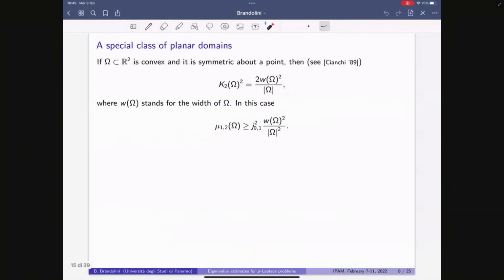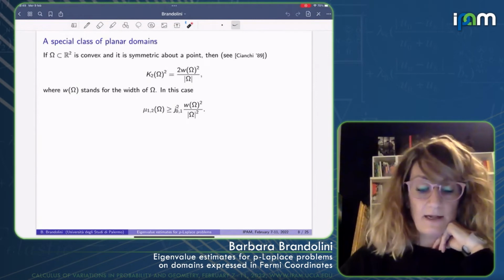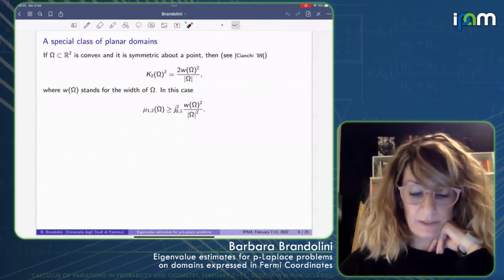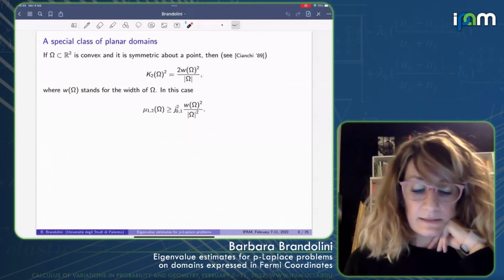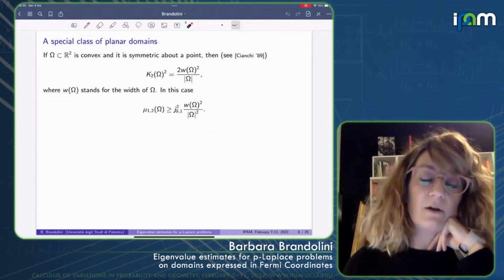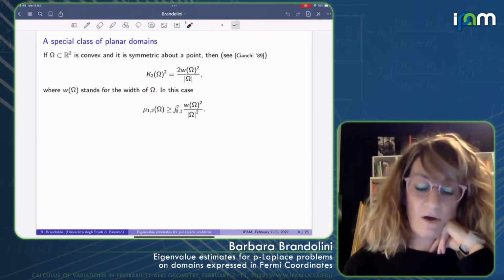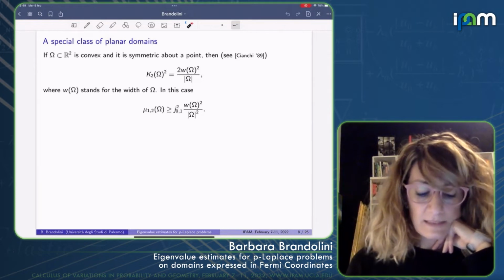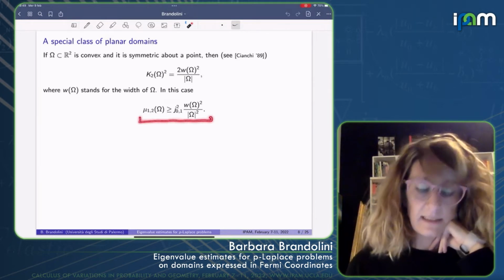Just another remark is that if omega is convex and symmetric about a point, then somehow we can improve the Payne-Weinberger inequality. And indeed, we can again compute the best isoperimetric constant in terms of the width of omega and its measure. And in this case, our estimate reads like this.